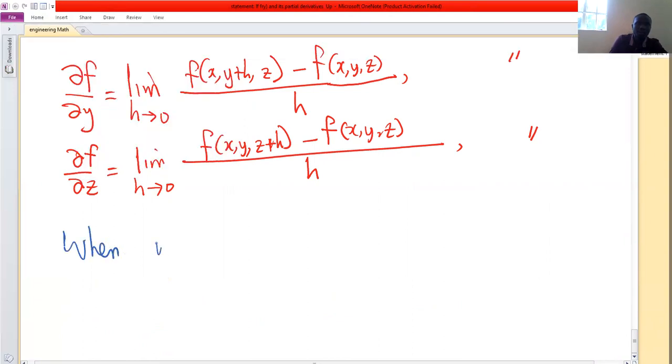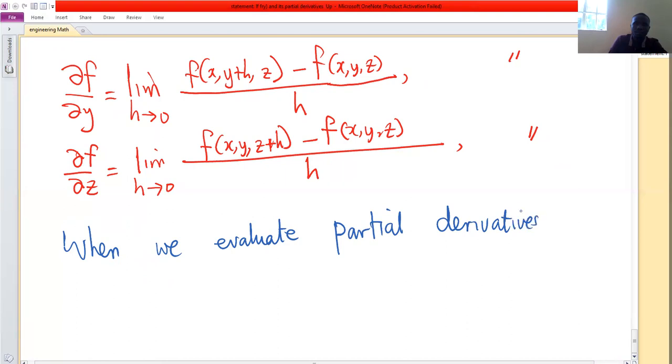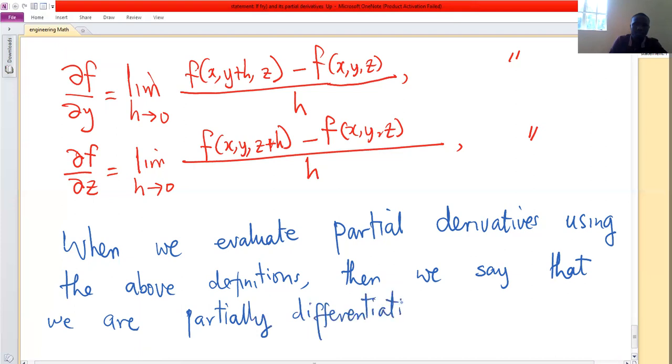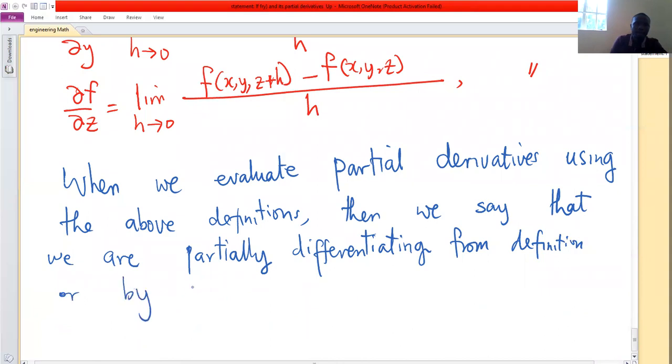When we evaluate partial derivatives using the above definitions, then we say that we are partially differentiating from definition or by first principle.